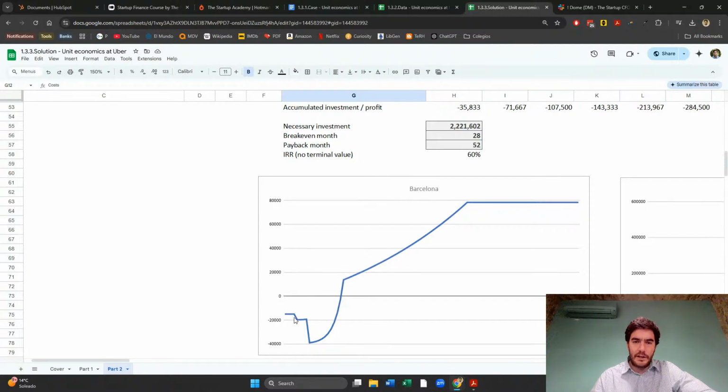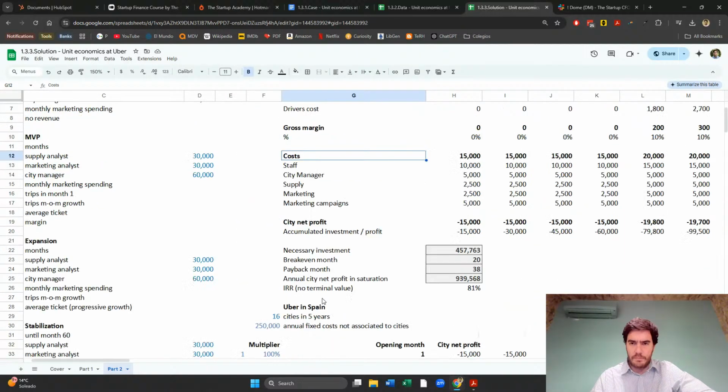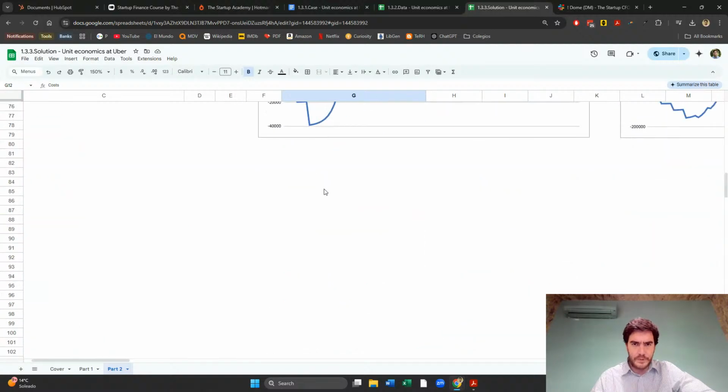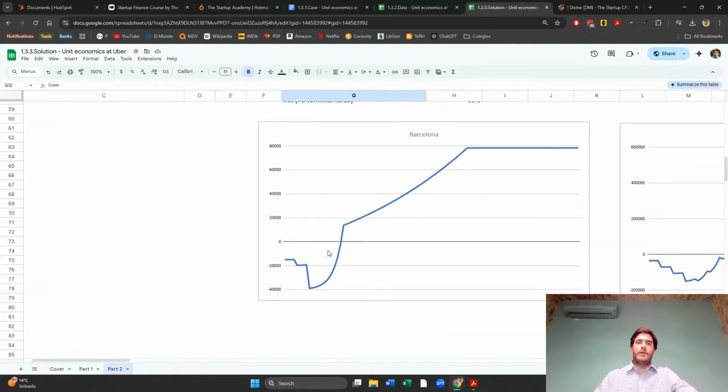You open a city, you're going to lose money during 20 months. But once you are proving that things are going well, maybe you want to open another one or another 3 or another 10. And then you open one every X months. And this is why your units are doing well, even though your company is losing money, but it's losing money in a calculated way.